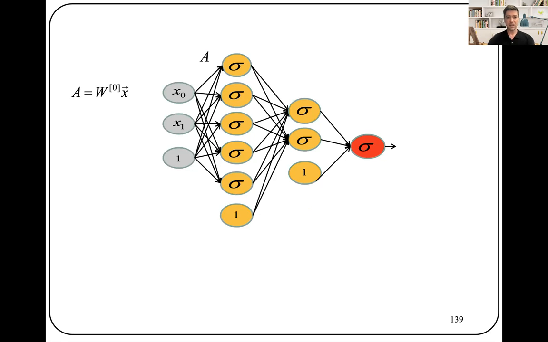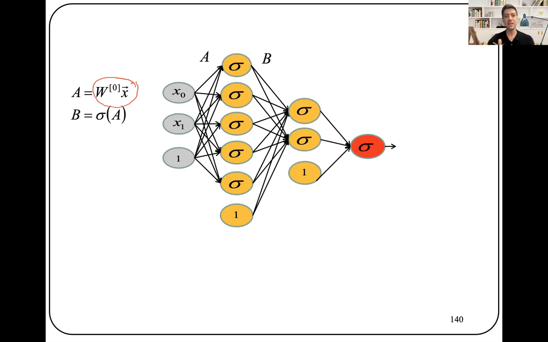Okay, so to explain things, let's give a name to the output of the network at each layer. Okay, so the output of the first layer, we're going to call it A. So this is right before the activation.